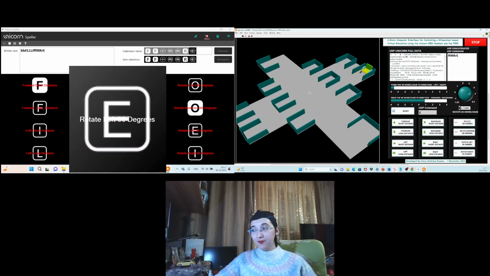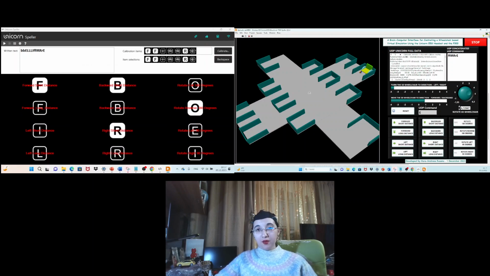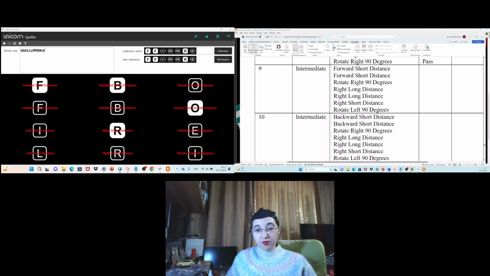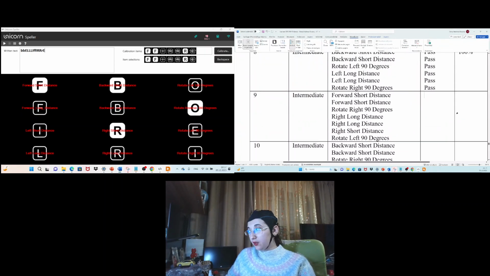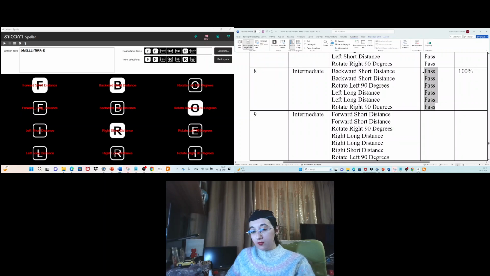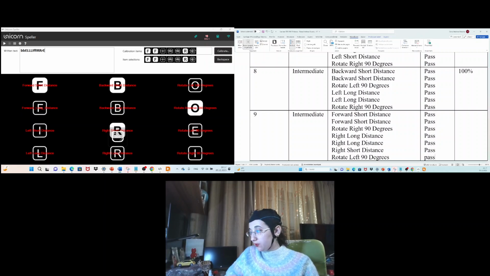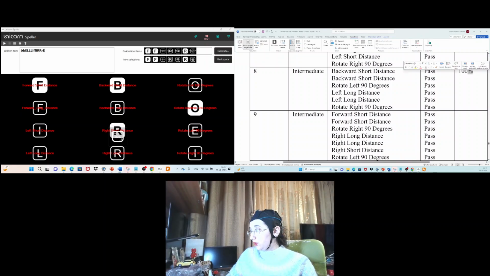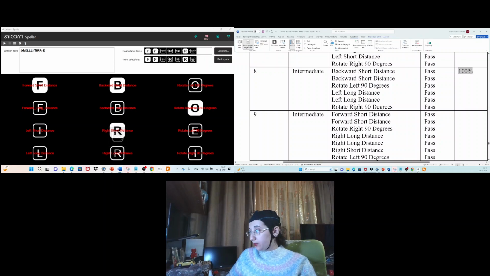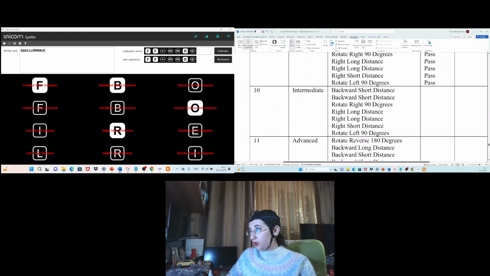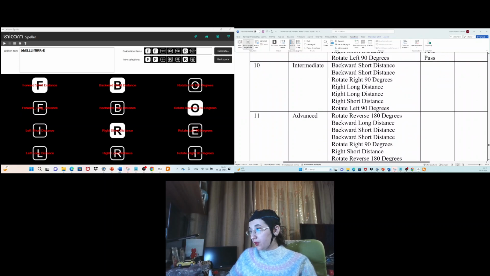Yes, everything worked fine. So all the commands were detected with 100% accuracy. All the results here are also passed. Let's add them. We had 7 commands, okay, and 100% accuracy. Then the last experiment for the intermediate level.